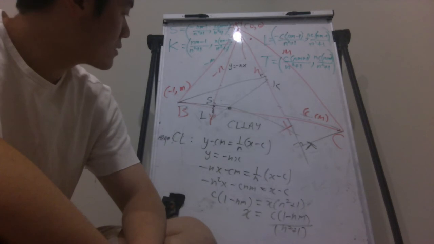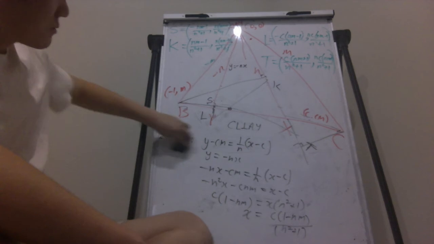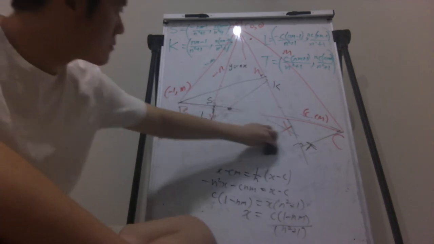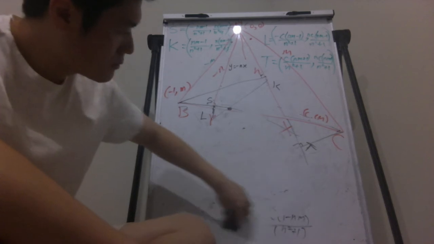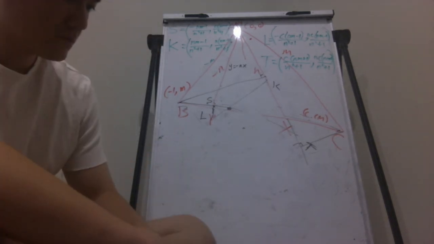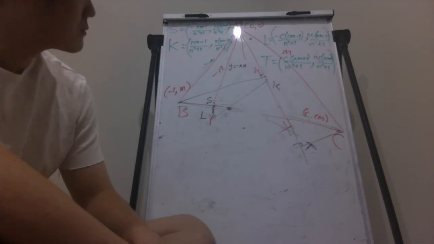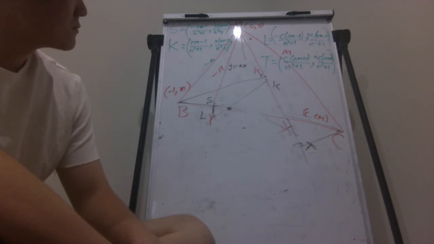Alright, so let's find the equation of KL then, yeah? Did you notice something was parallel before? Yeah, that's useless. Forget it. It's two pairs.